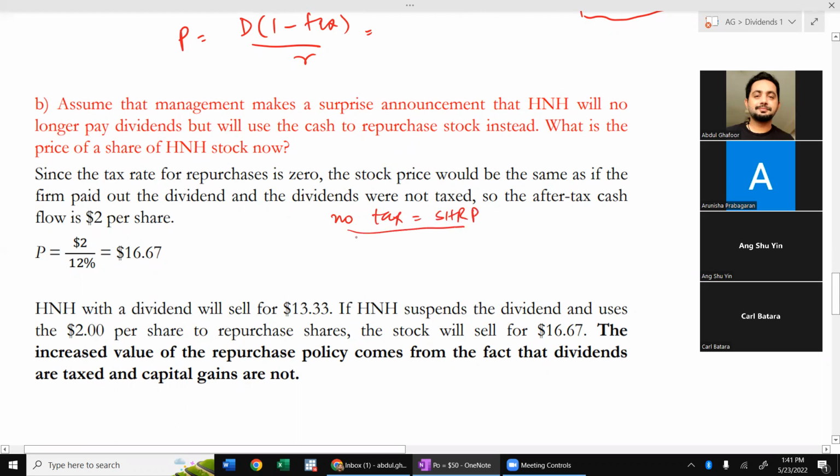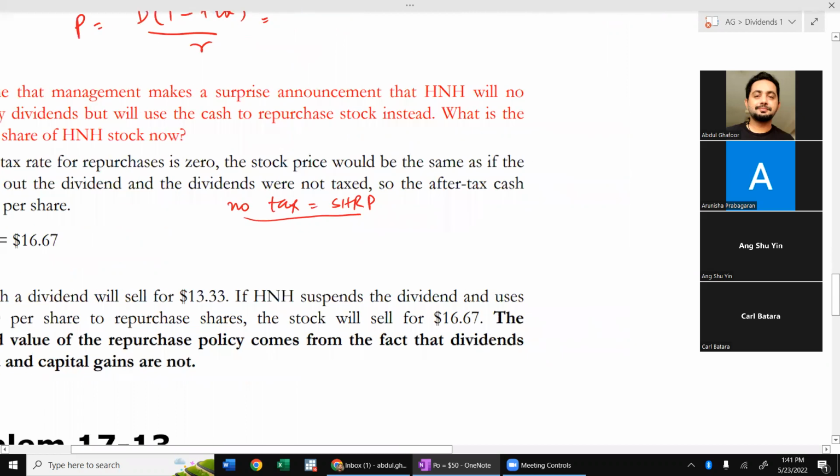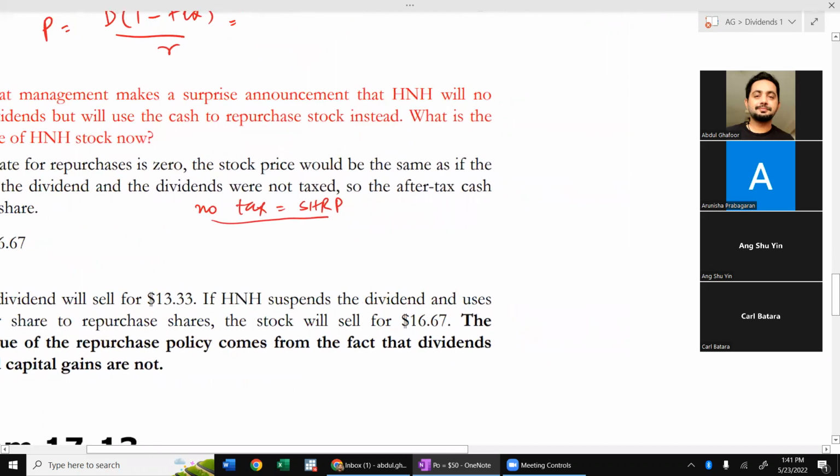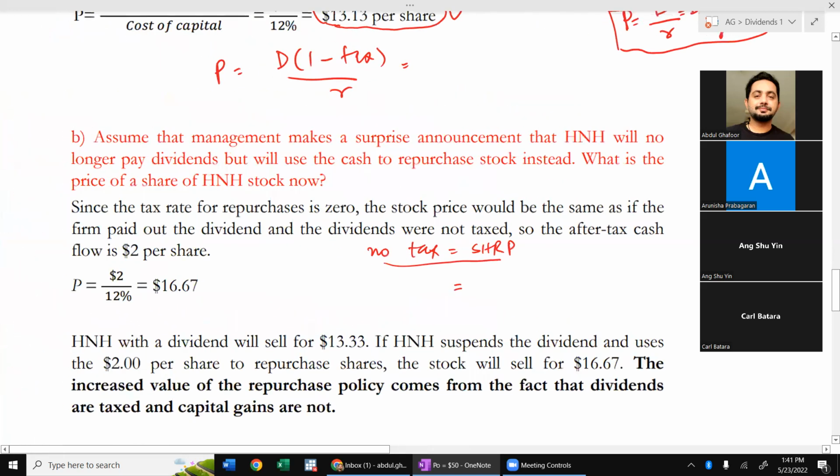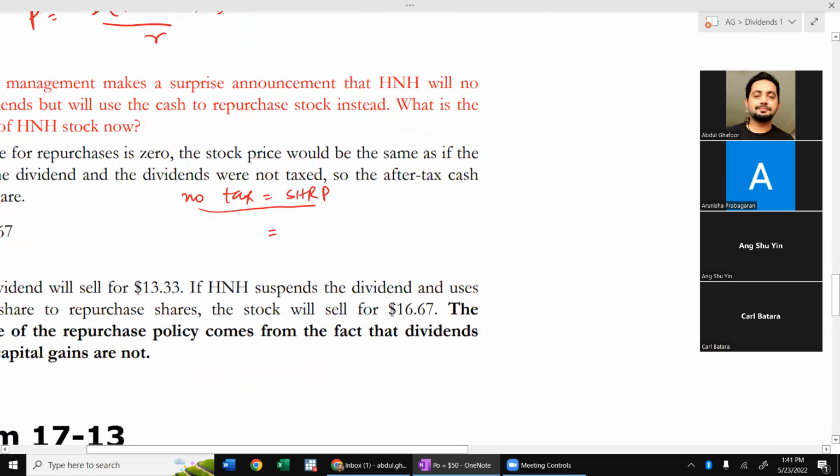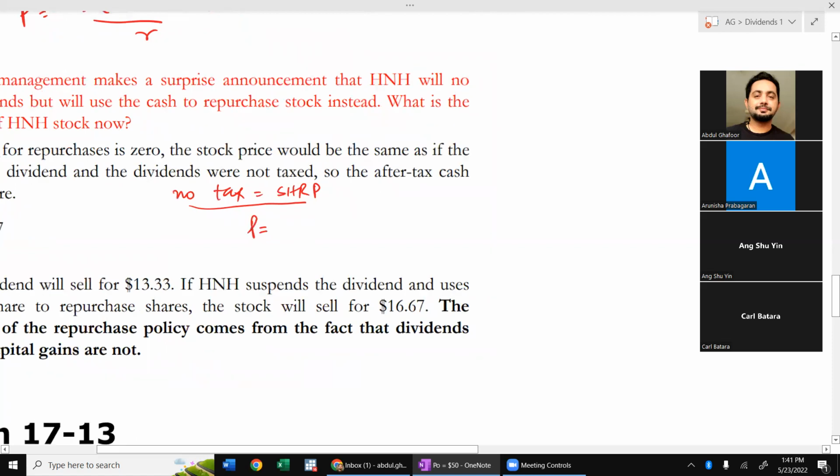So then we need to calculate the price. The question is asking what is the price of a share of H&H stock now. How can we calculate the price of a stock now? There are two ways. Number one, we should be given market value divided by shares outstanding.